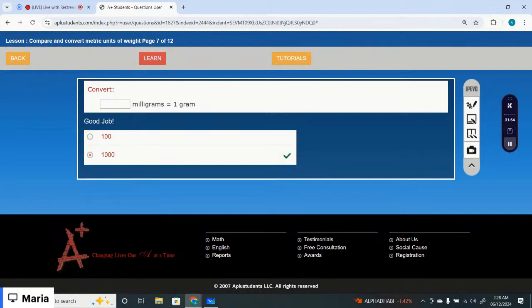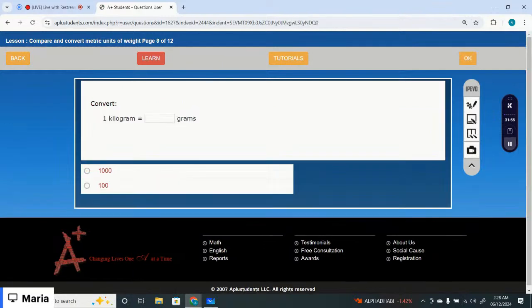Option number 2 is the correct option. 1 kilogram equal 1000 grams.